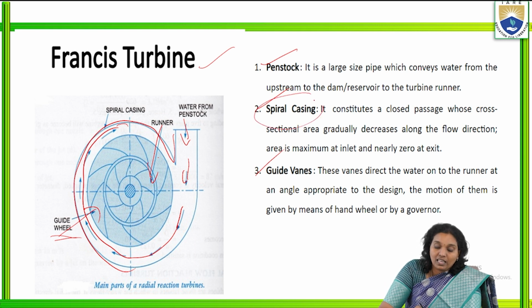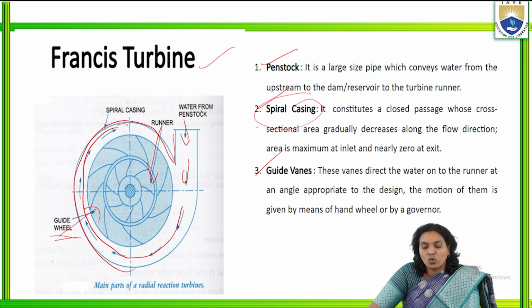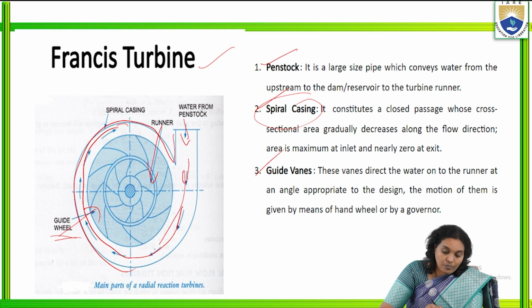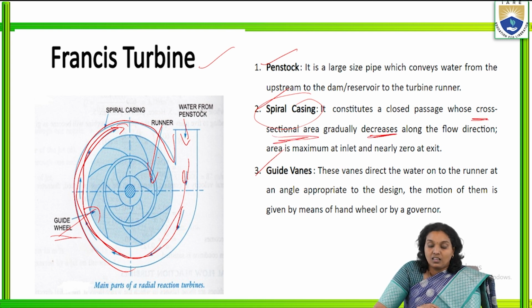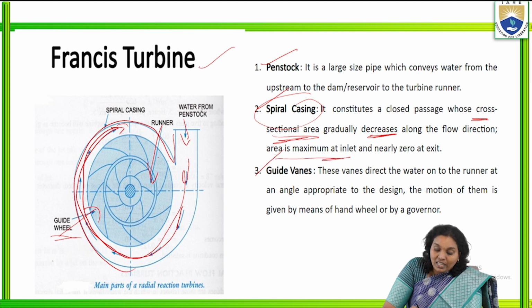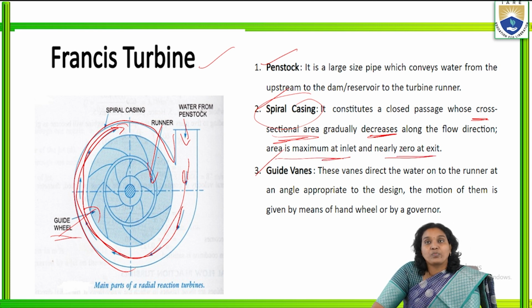Coming to the spiral casing, it constitutes a closed passage whose cross-sectional area gradually decreases along the direction of the flow. So the area is maximum at the inlet and nearly zero at the outlet.